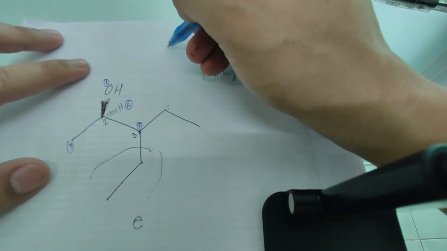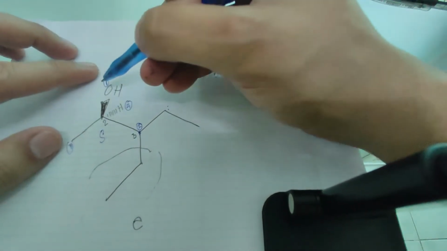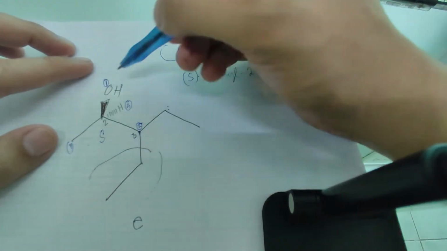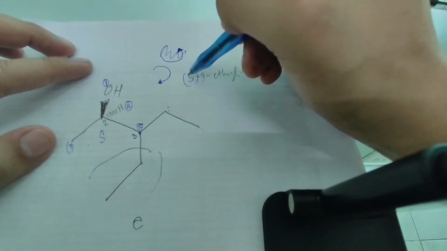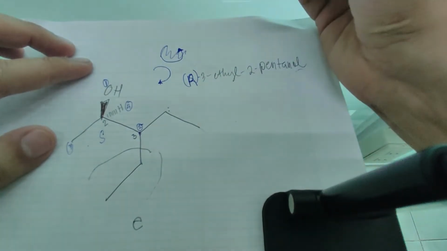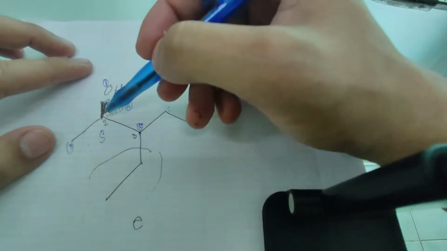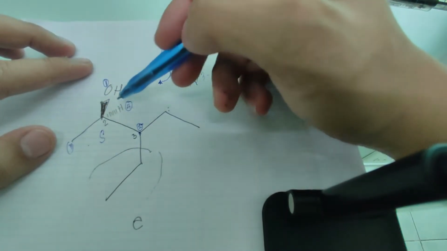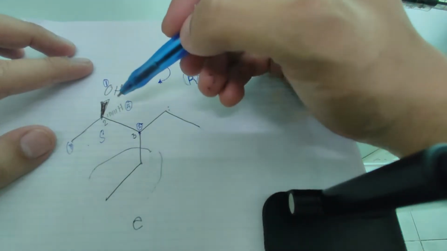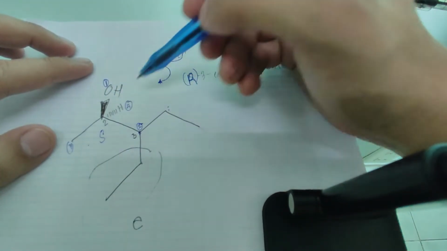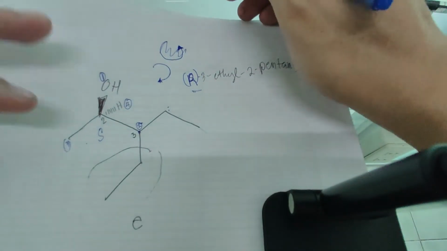The rotation is clockwise, so this is an R. Okay? This is an R. The hydrogen is on a dash line, so it is R configuration.